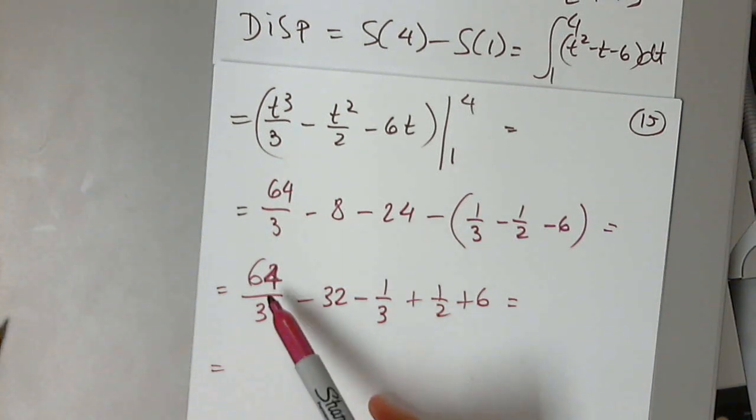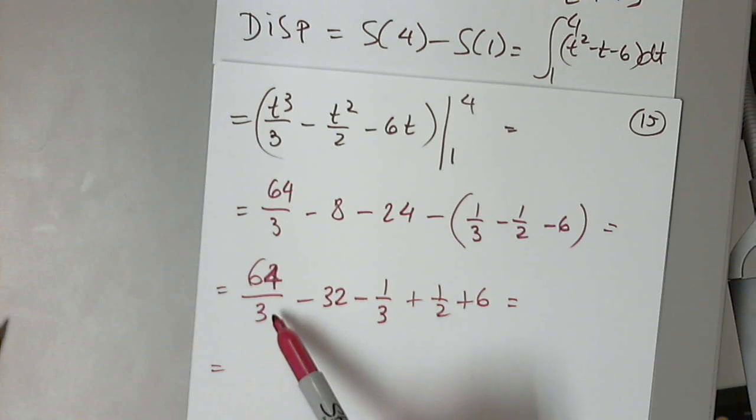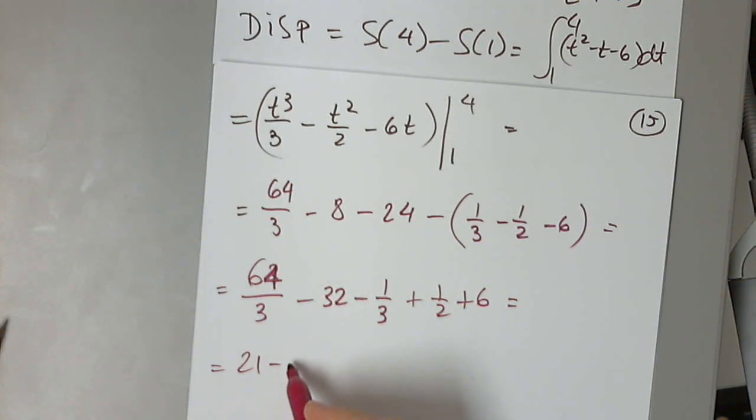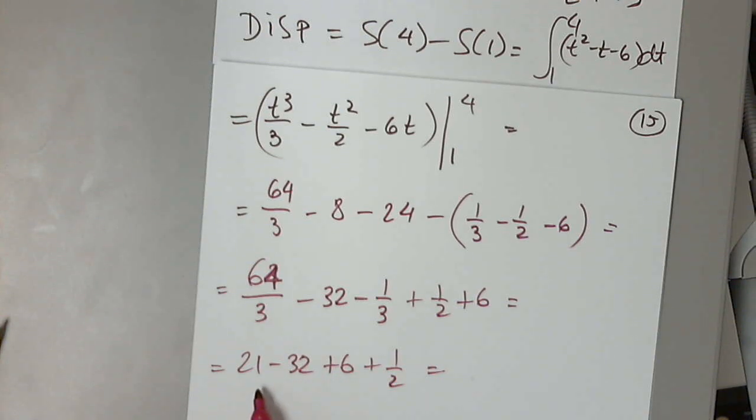Can I simplify anything? Yeah, a little bit. 63 divided by 3 is 21, minus 32 plus 6, plus 1/2. 21 plus 6 is 27, so that's minus 5 plus 1/2. So I get negative 9 divided by 2. What does that mean?